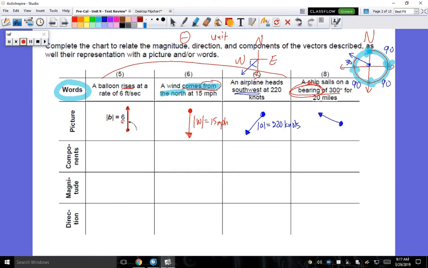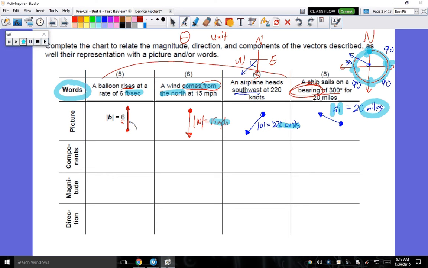And this is the ship, so we'll say S for ship. And it looks like absolute value, but it doesn't mean absolute value. It means magnitude. So the strength of that ship is going to be 20 miles in this respect. So notice, these were velocities like feet per second, miles per hour, and knots. This is an actual distance. So magnitude can do both the strength and the distance of something. And that's what the answer would be for 8.